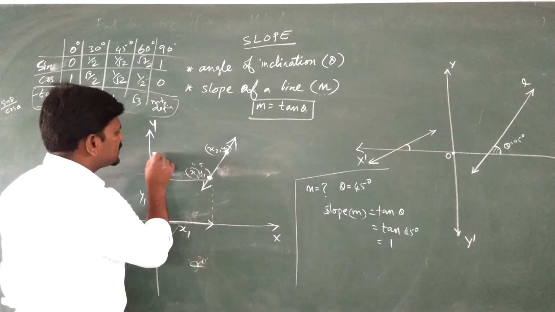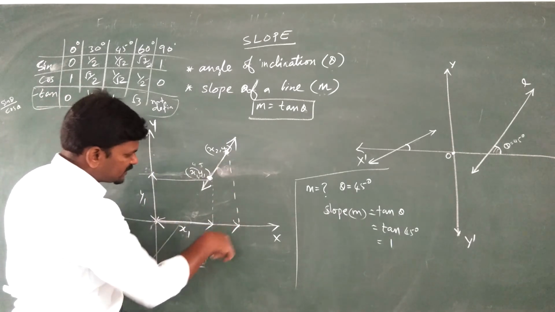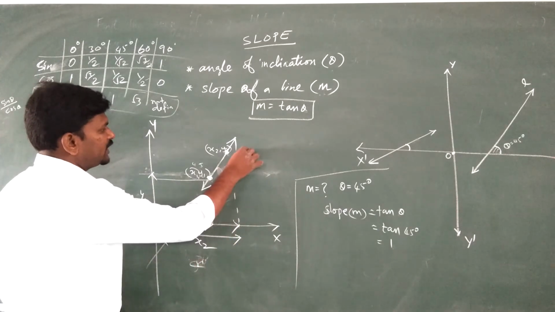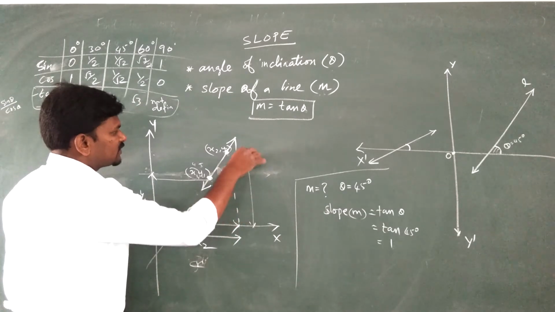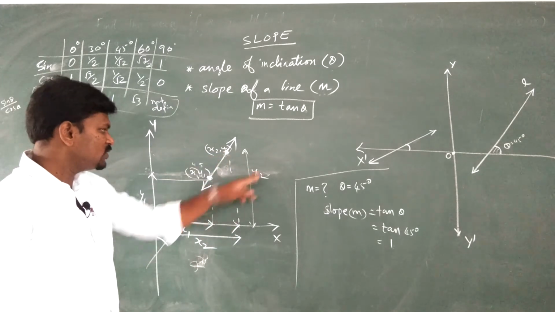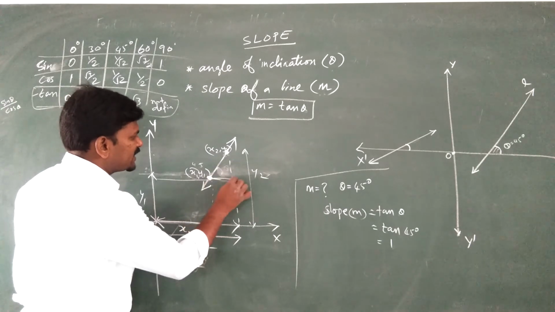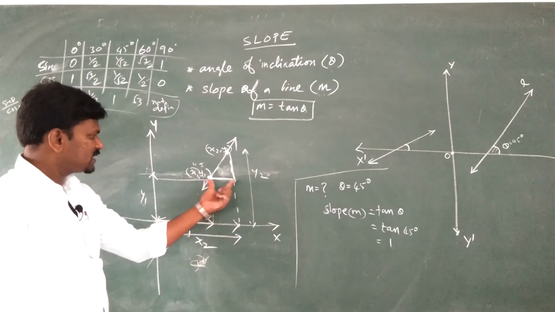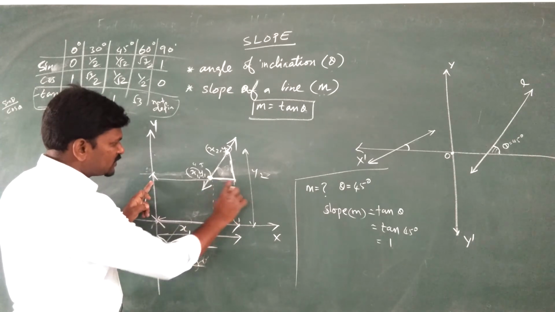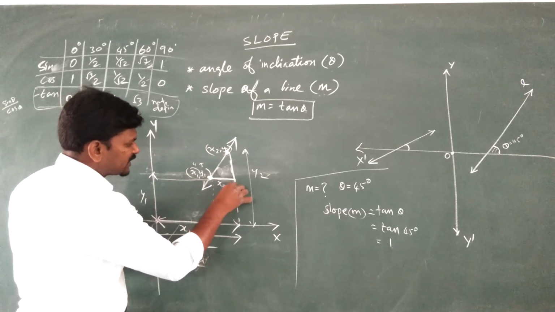Similarly, the distance of this point is x2 and this is y2. So this point here we are marking as x2 comma y2. So if we draw a right angle triangle like this, the entire distance is x2, then this is x1, so x2 minus x1.